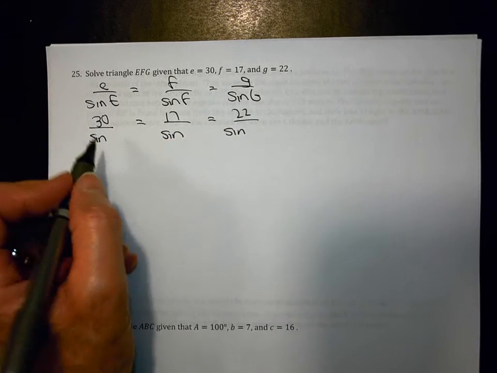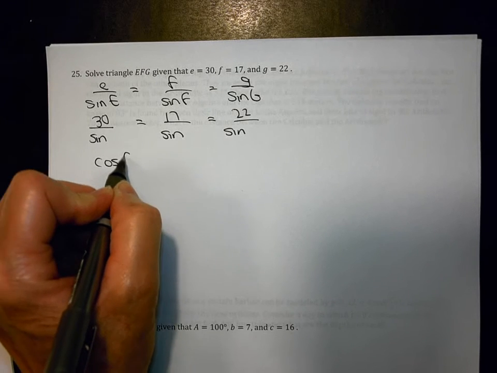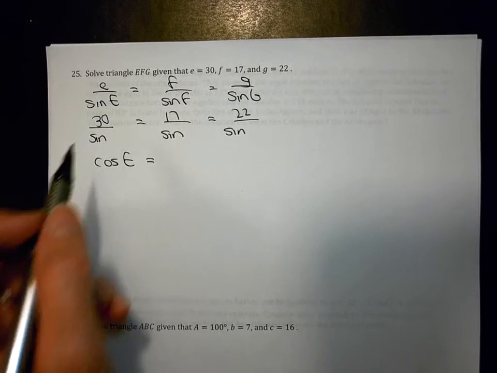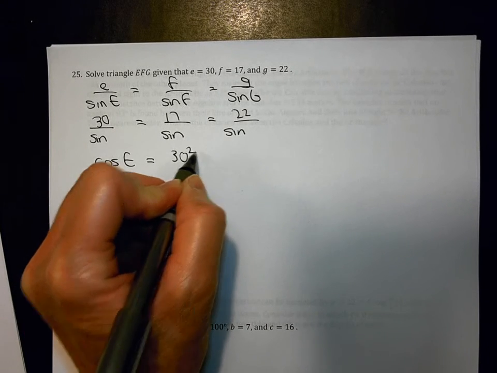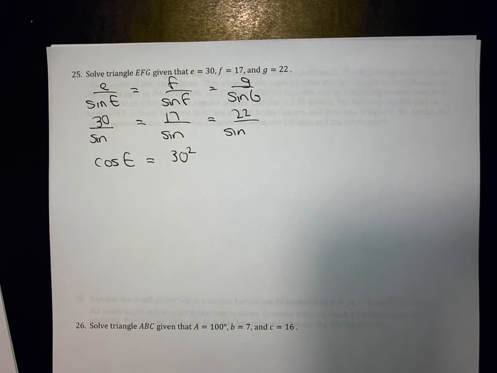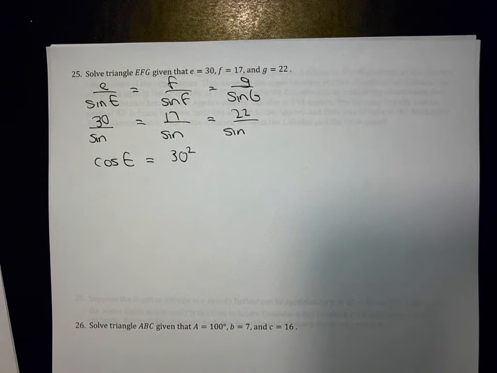So we're doing cosine of E. So we're going to start with E. So we're going to do 30 squared, and then, okay, I'm sorry, I just realized I didn't do it following your sheet.